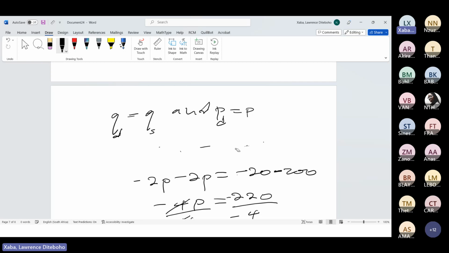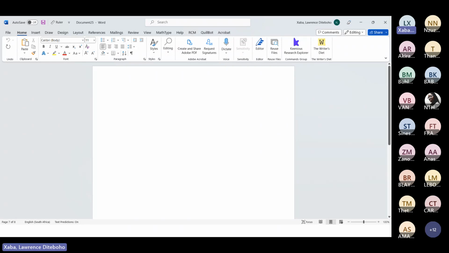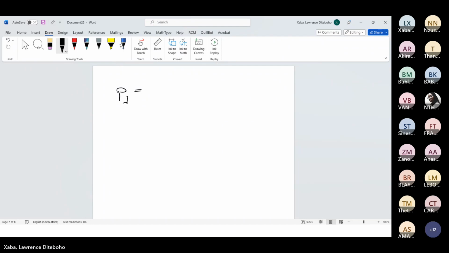We're not supposed to transform the equations. We're supposed to use them the way they are. So in this case, we have P equals 100 minus 0.5 QD. And the second equation there is P equals 10 plus 0.5 QS.